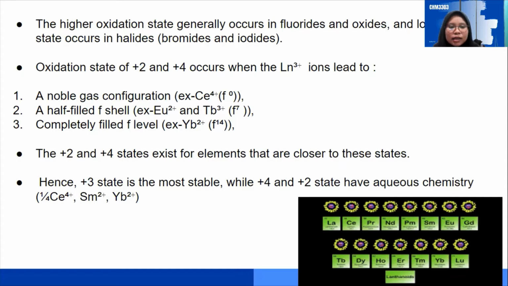And lastly, hence the +3 state is the most stable, the +4 state is strongly oxidizing, and the +2 state has aqueous chemistry. For example, cerium 4+ ion, then samarium 2+ ion, and lastly, ytterbium 2+ ion. That's all from my part. Thank you.